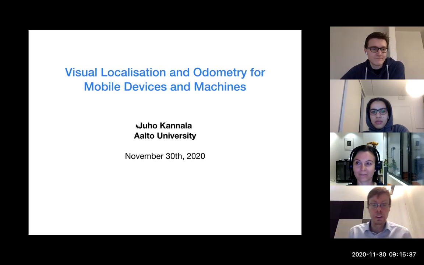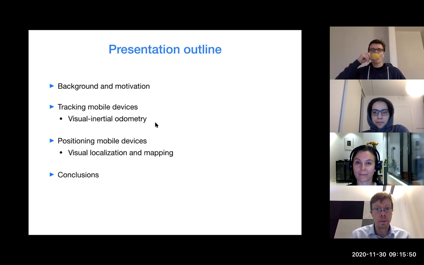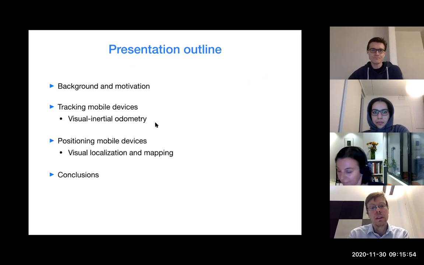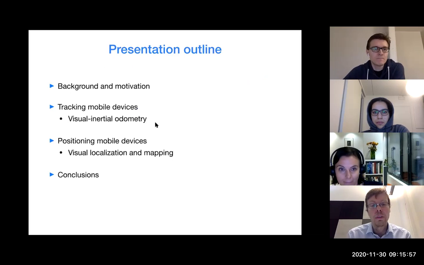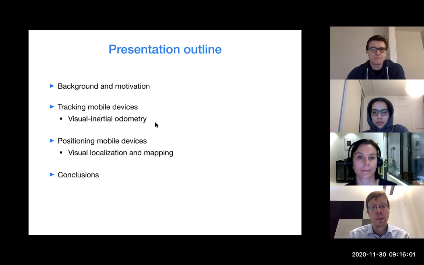Thanks for the invitation to talk in this seminar. In this presentation, I will cover some papers that we have done during the past years, and this is the outline of my presentation. First I will tell a little bit about the background and motivation why we are studying these problems. And then there are two parts in this presentation.